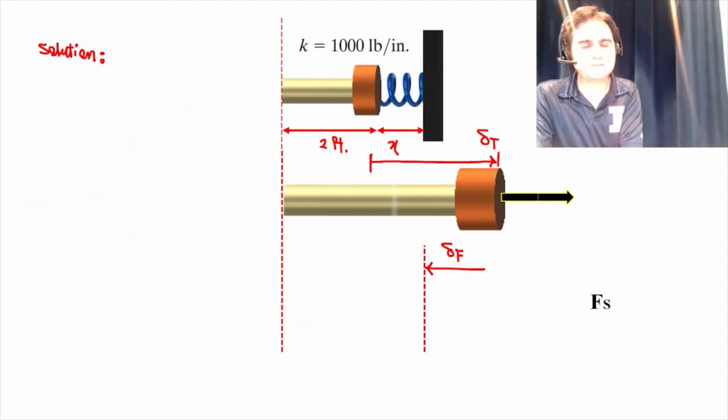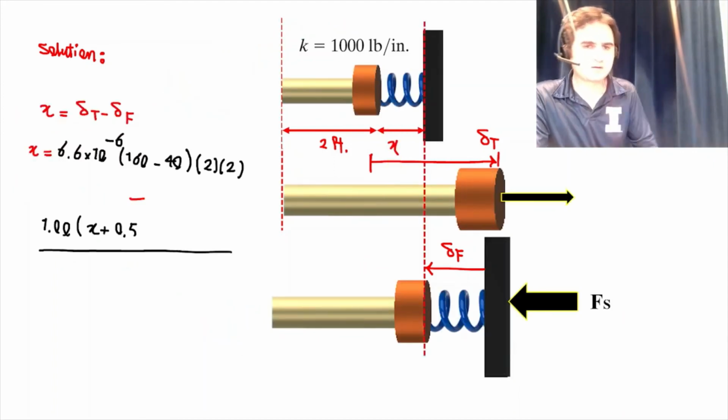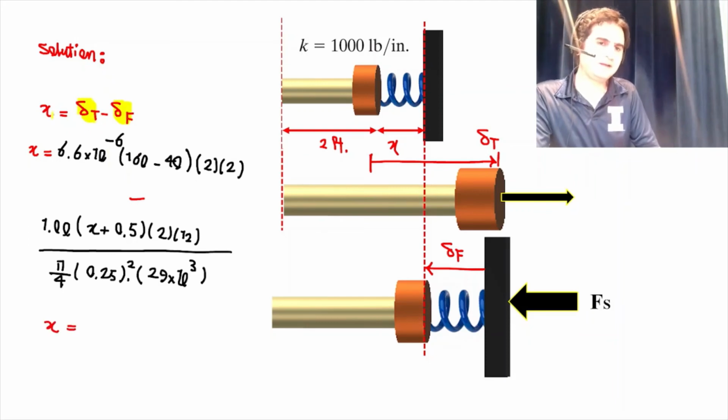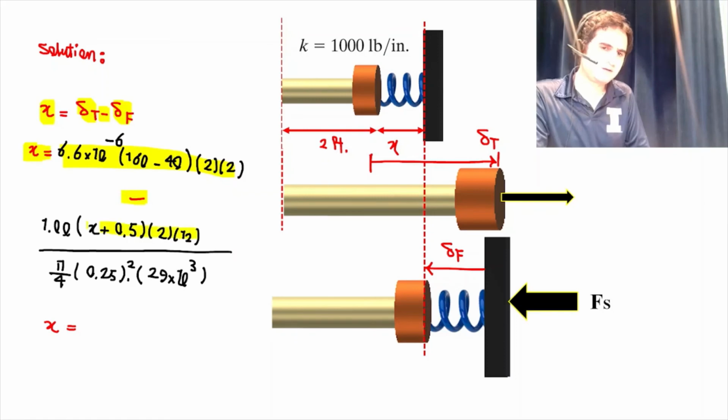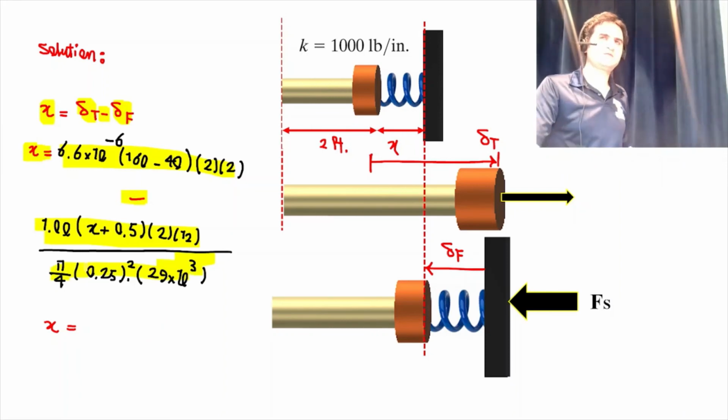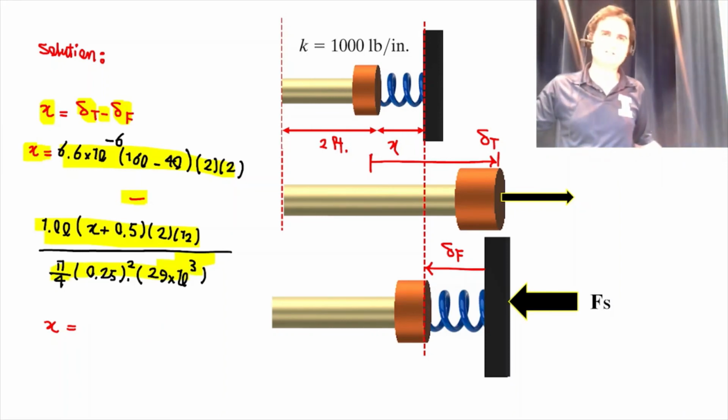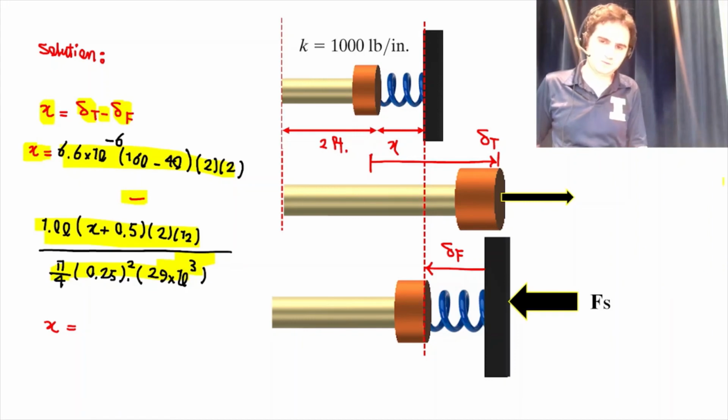If we solve the problem for delta T and delta F, and their subtraction is equal to x, one can easily say x is equal to the thermal term minus the force of the spring times L over EA. The same force in the spring applies to the rod due to the mutual interaction between spring and rod.